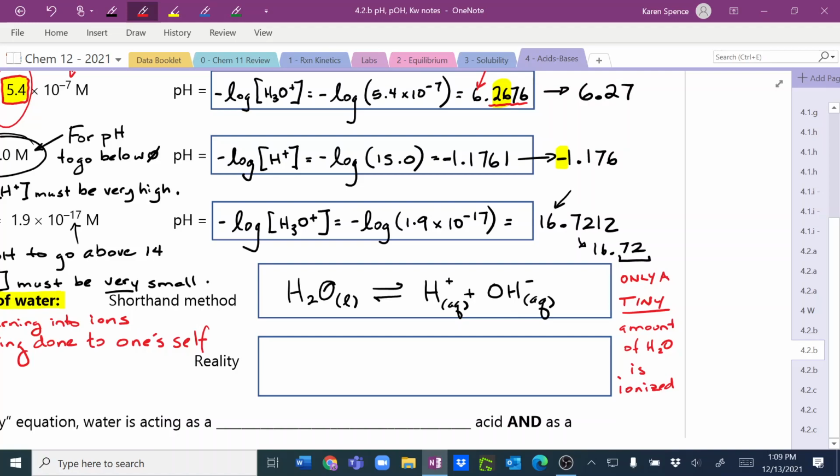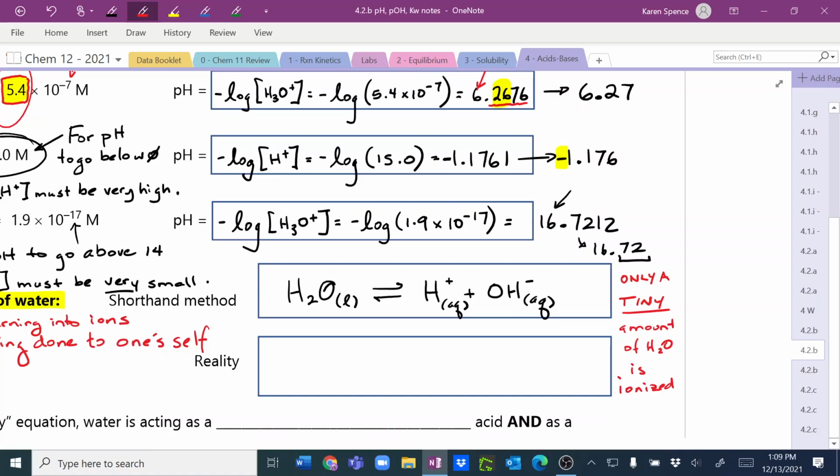Okay, so we have here, let's see, what have we got? 0.1 molar HCl, 1 molar HCl. Okay, so let's do some 0.1 molar hydrochloric acid.